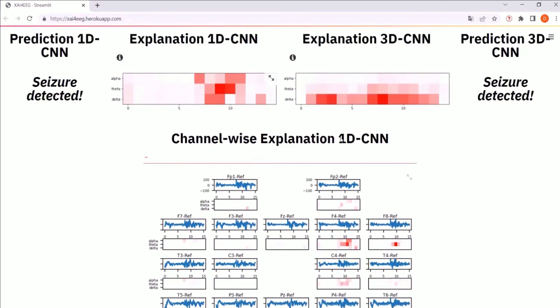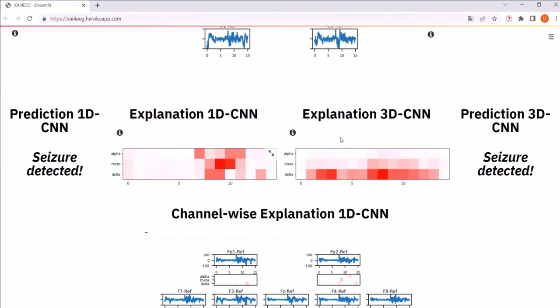In addition to that, the visual explanation for the 3D CNN also highlights the first half of the interval to be important. XAI4EEG highlights both agreeing and disagreeing patterns, increasing overall trust in the predictions. Our explanation module cannot eliminate the disagreement, but highlights it for inspection by the medical expert.